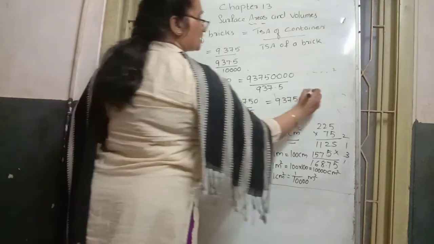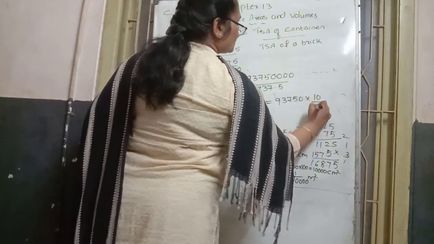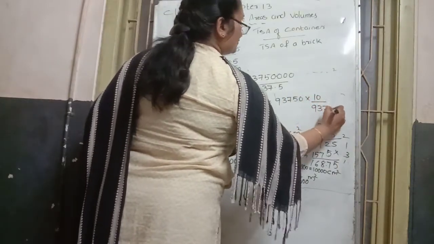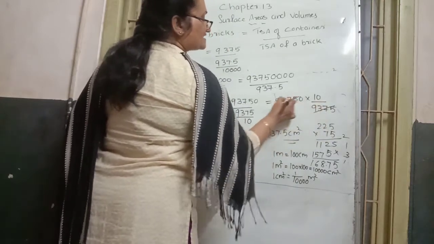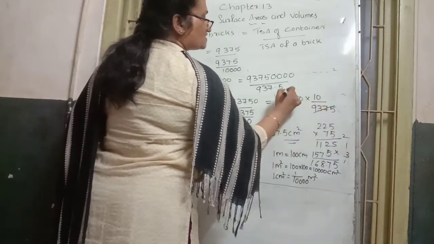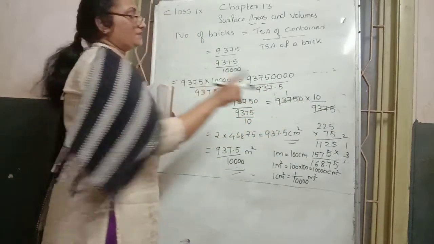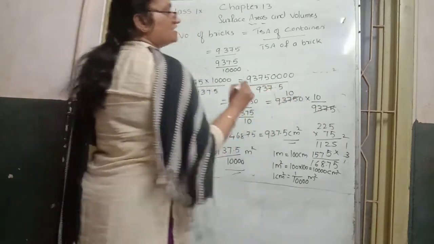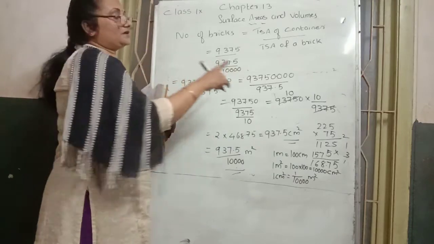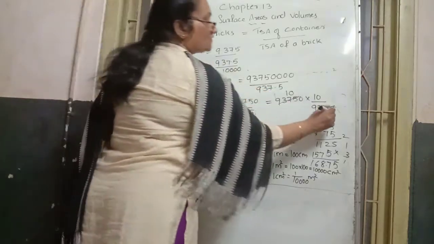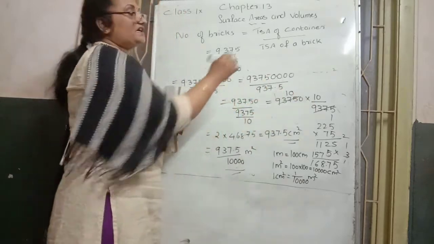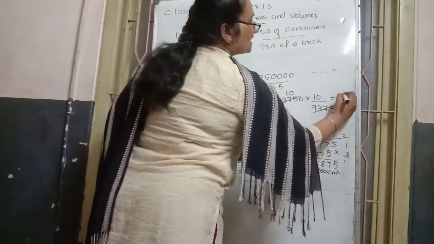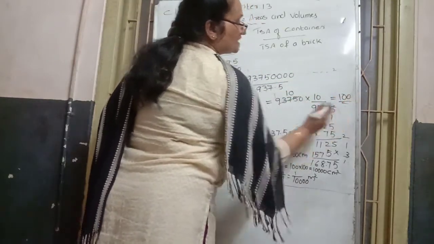The reciprocal of this fractional number becomes 10 by 9375. See, 9375 and 9375, same number cancellation, so it cancels one time. But here 10 has the 0, keep it on the right side of the 1. So here 1 only. Then 10 into 10 becomes how much? 100, and the denominator becomes 1 only.